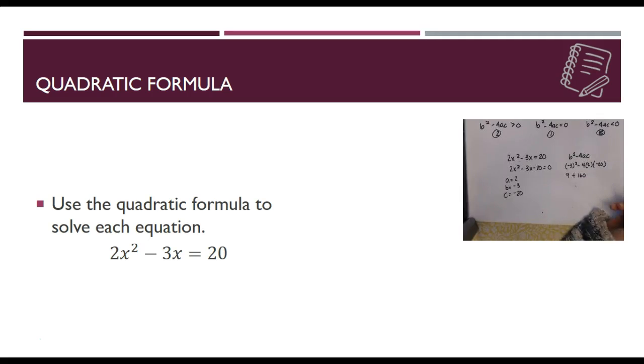Or excuse me, positive 160, because we have a negative times a negative. And so that means that my discriminant now is 169. This is a positive value, so that means it's greater than 0, so I have two real solutions. So that tells us how many solutions we have by using the discriminant.